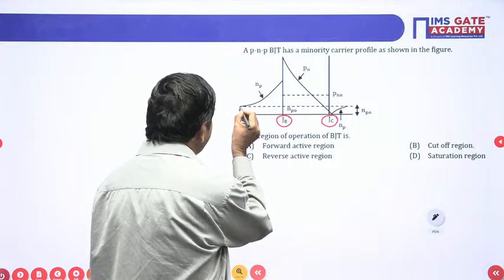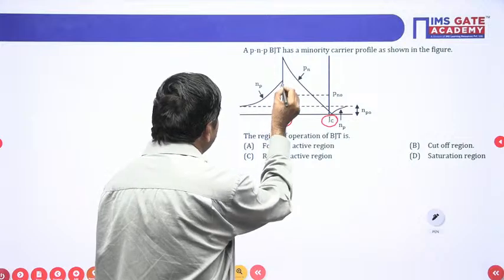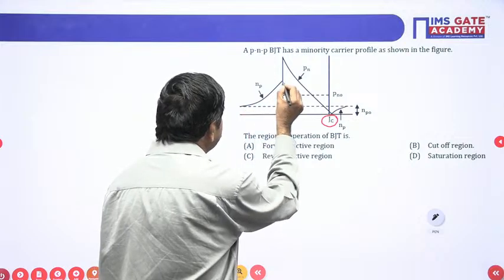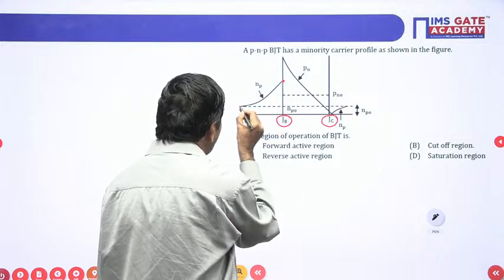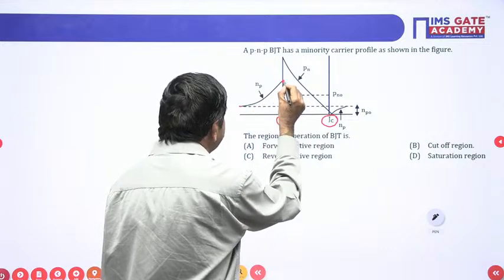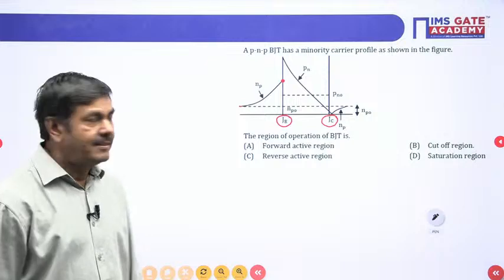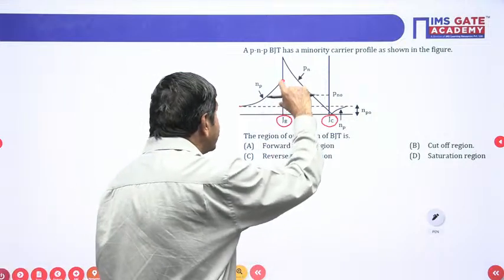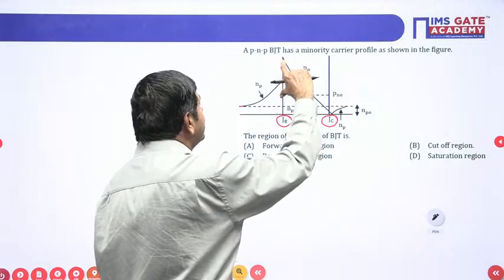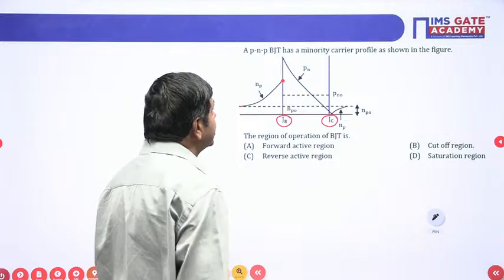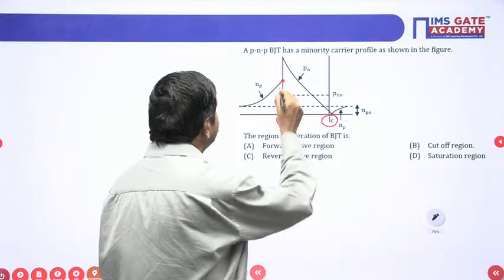The minority carriers are increasing here. At the emitter junction it increases slowly, exponentially, and reaches the maximum. Rising means it is increasing. At the emitter junction, the concentration is more.